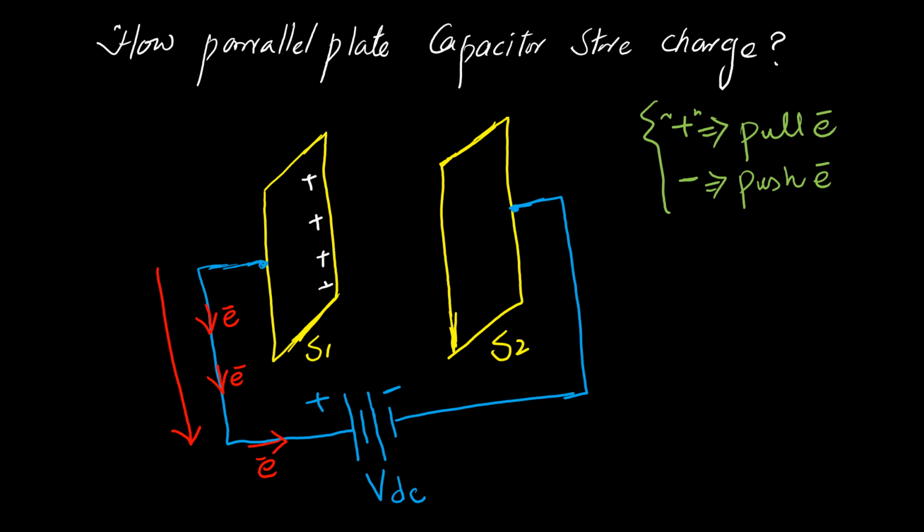Since you know that charges reside on the surface of the conducting metal or plate, whenever the electrons move from the surface, they will leave positive charge, and this positive charge will be present at the surface of the parallel plate. Whereas since the negative terminal pushes electrons away from itself, electrons will move like this from the negative terminal of the battery toward the conducting plate S2.